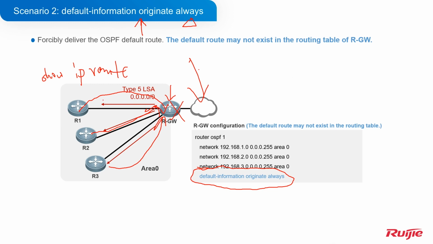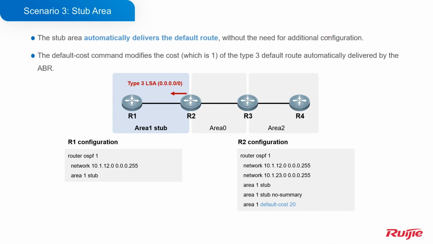If we want the devices to communicate with the external network, we have to create a static routing entry or create the default route on the RTW device, so that all the devices in the OSPF area can access the external network. Okay, so this is the problem if you use this command in our network. Be careful.